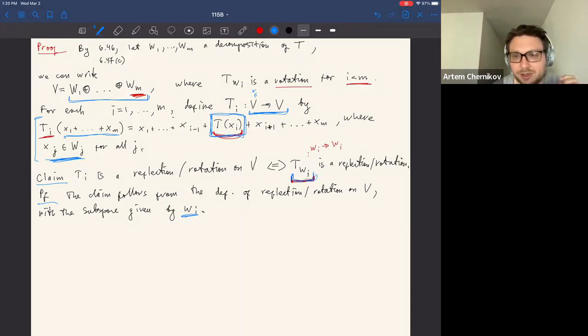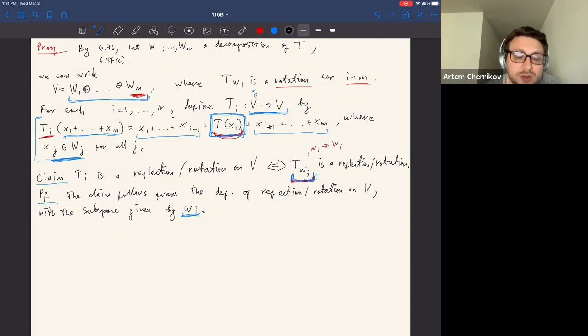So it means that it is a rotation. But on all the other vectors, it acts like an identity, right? So if I take a vector in the orthogonal complement of Wi, then Ti is just going to be an identity on it. It's not going to do anything to the vector. And this is precisely the definition of what it means to be a rotation with respect to the subspace Wi. And similarly for the case when we have a reflection.